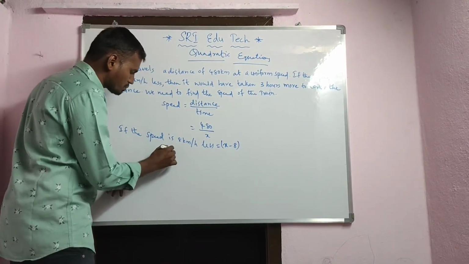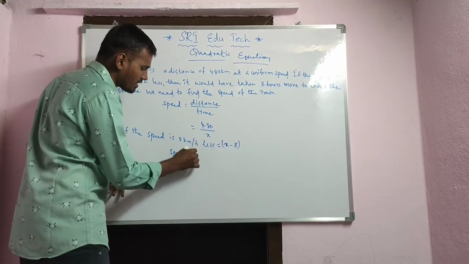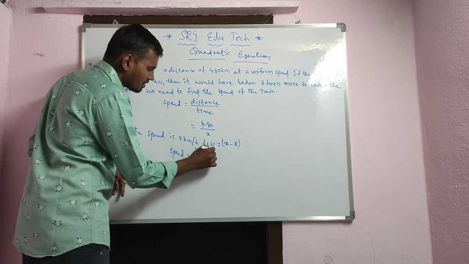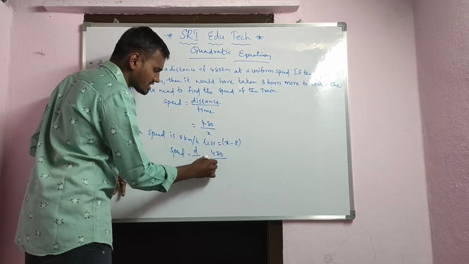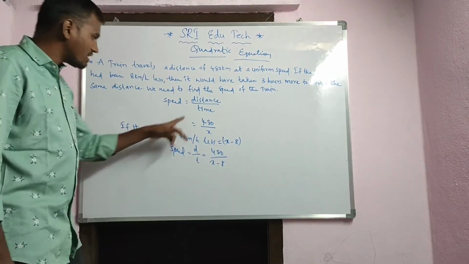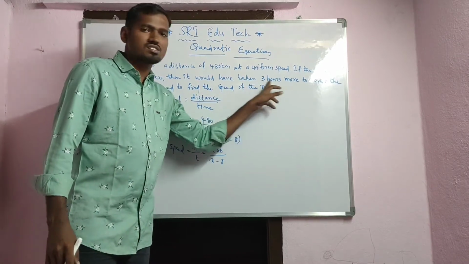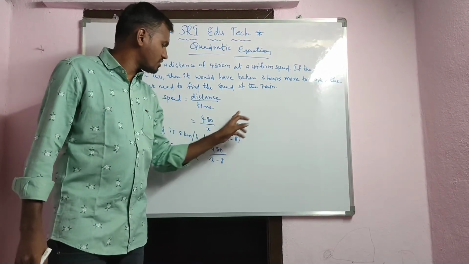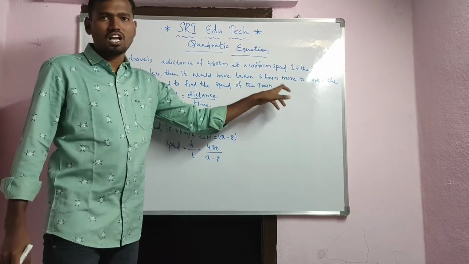Then speed is equal to distance by time, the distance is the same, 480, constant, but the time is different, that is x minus 8. These two together take 3 hours. These two distances are covered in 3 hours.